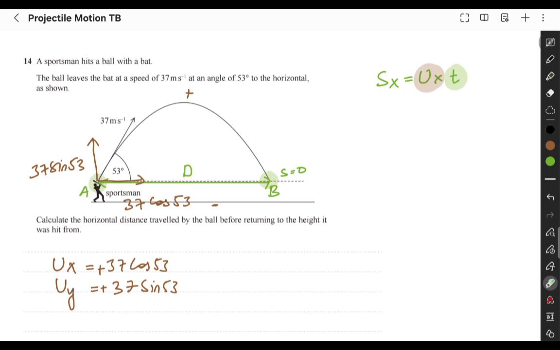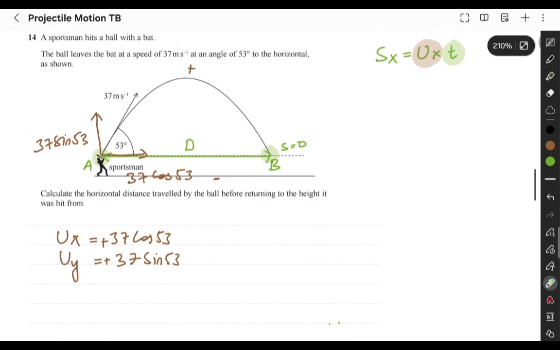Now we can't really use this equation to get the answer if we don't have the time. So we're going to make use of the vertical equations. And for that, let's see the SUVAT. At this point over here, our displacement is going to be 0 in the vertical direction.